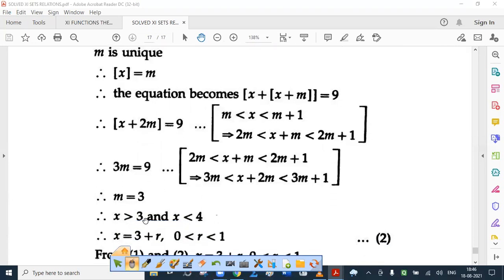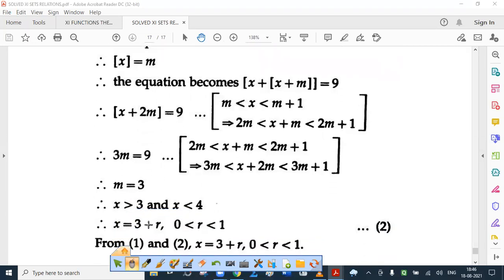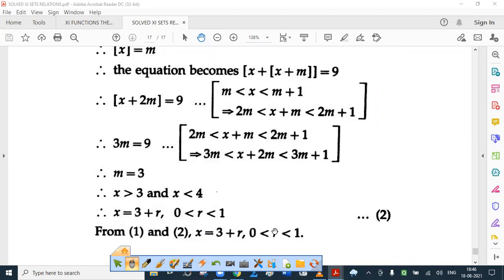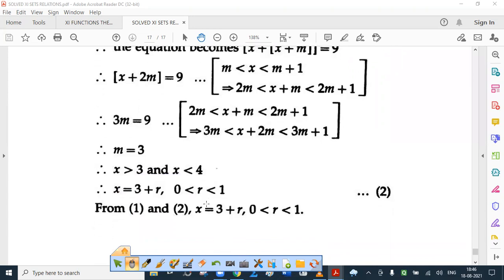Okay. So I can say that x is 3 plus r. What is r? r lies between 0 and 1, some fractional part. So from 1 and 2, x is 3 plus r, where r lies between 0 and 1. Okay.